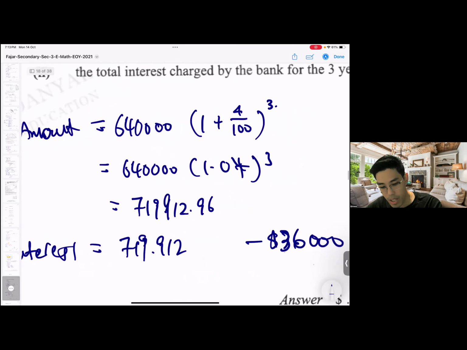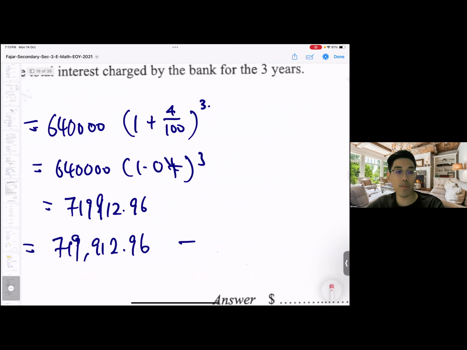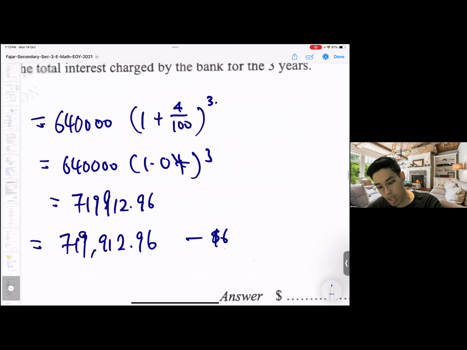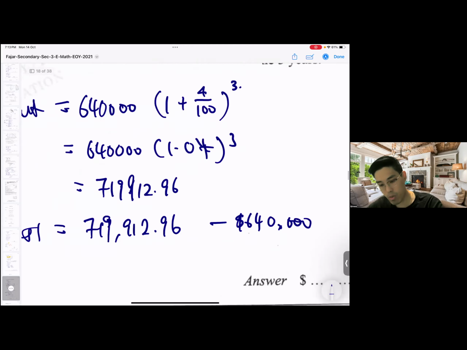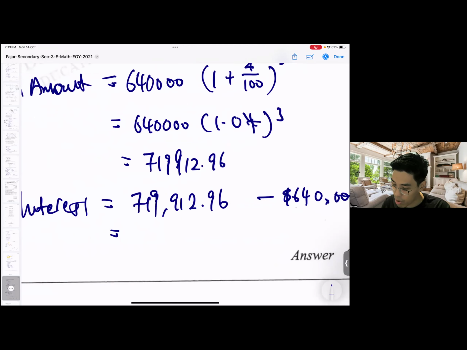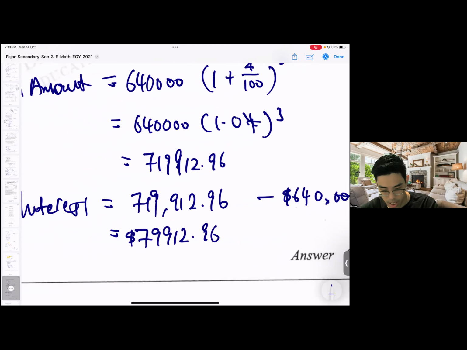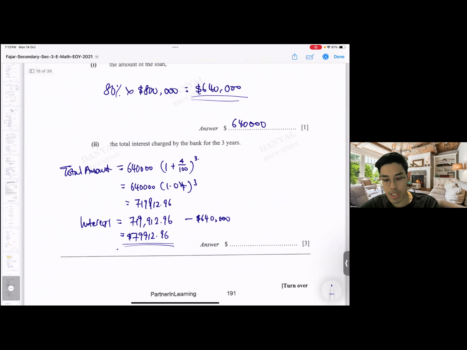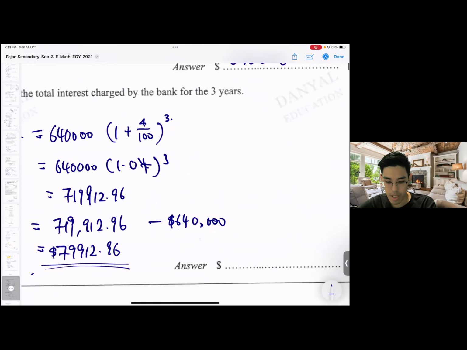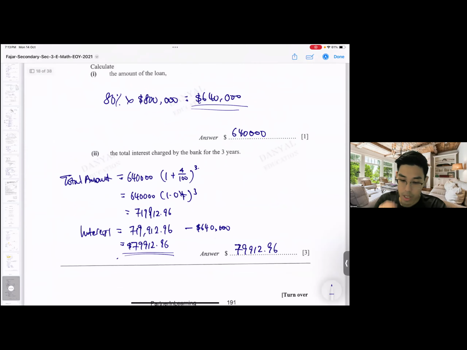Minus the original amount, which is 640K. So minus 640,000, that would be 79,912.96. So it's about 80K interest lah. Okay, 80K for interest.